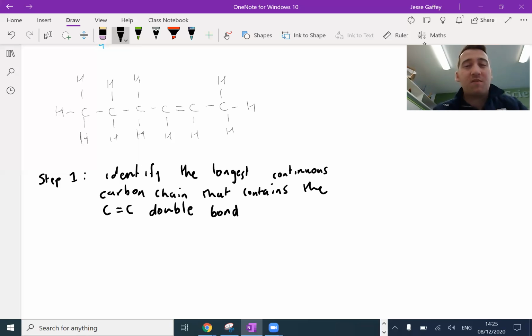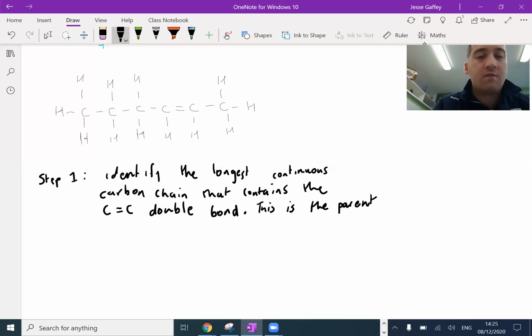It wasn't specific that it had to be the carbon chain that contains the double bond. But in this case, because the double bond is an important part of the molecule, we must include this in our longest chain. And we say that this is the parent molecule. That shouldn't be a new term for us. We've used that term before.